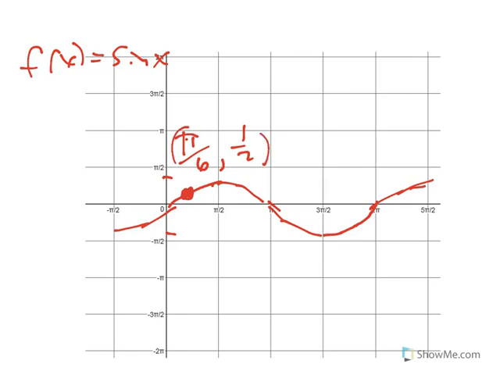On the inverse graph, I should have the point 1/2 comma pi over 6. Which is a little hard to place, but it's not that far from this point.